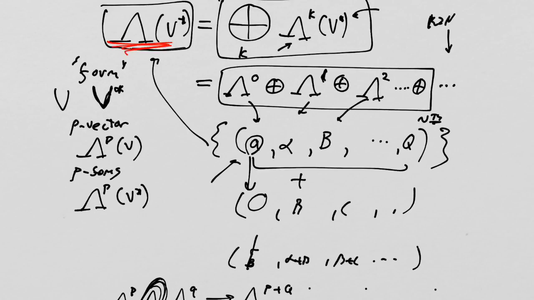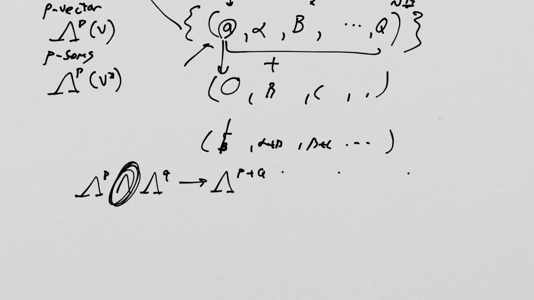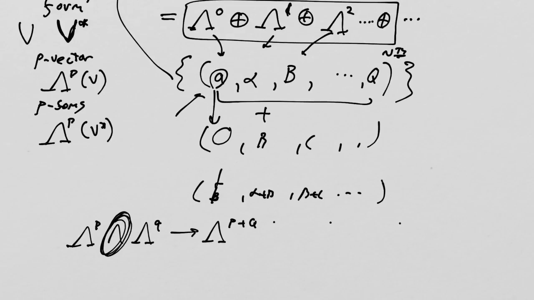As long as our rules are legit, we can multiply these individual elements with each other, and we move them to the slot where they belong, the p plus q slot, if it exists. You could easily imagine overflowing into the zero regime, in which case it's just zero. So you can create this algebra on this direct sum space without any trouble, and that algebra is called the exterior algebra.